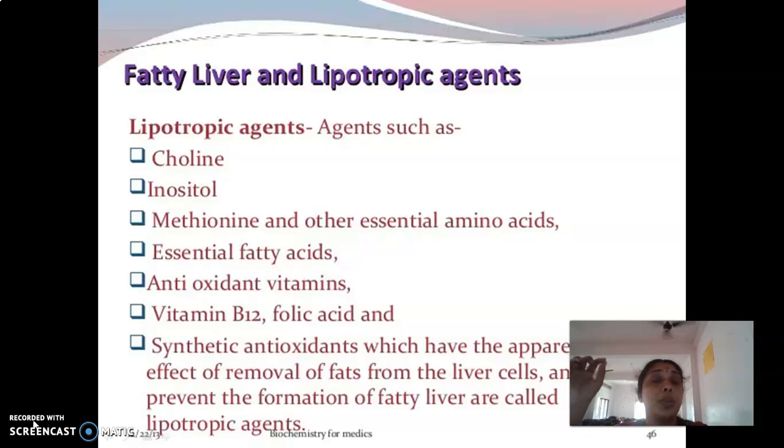So CoA is very much required for fatty acid synthesis, metabolism and all. So if there is pantothenic acid deficiency, what is happening? The coenzyme A formation will be blocked, inhibited or lowered, as a result of which the beta oxidation will be prevented. So fatty acid will be getting accumulated. So this is another reason for fatty liver, right?